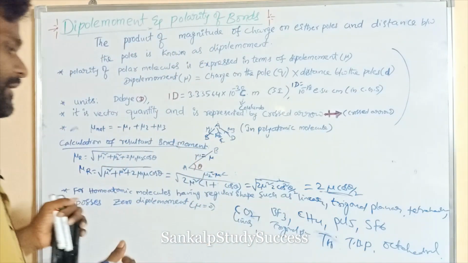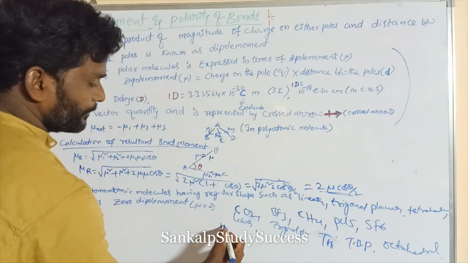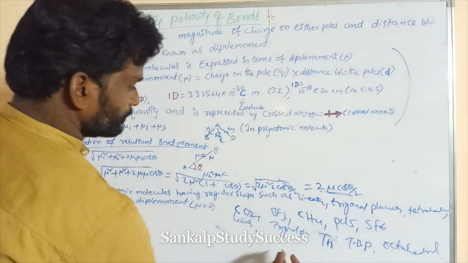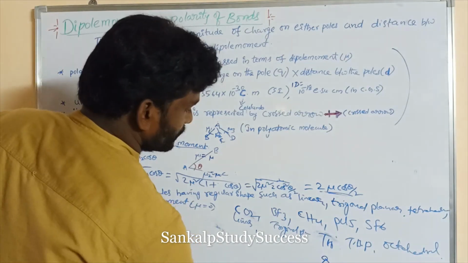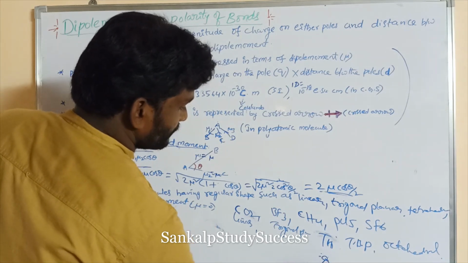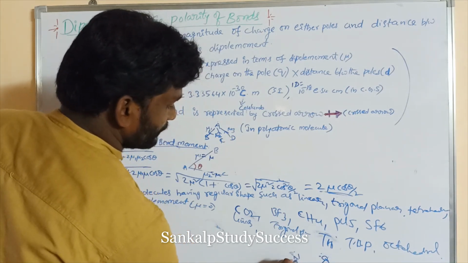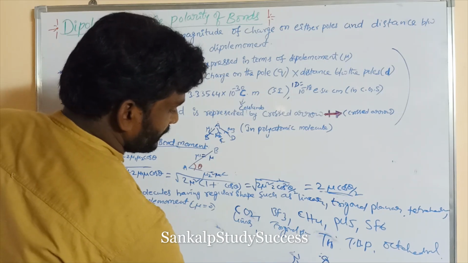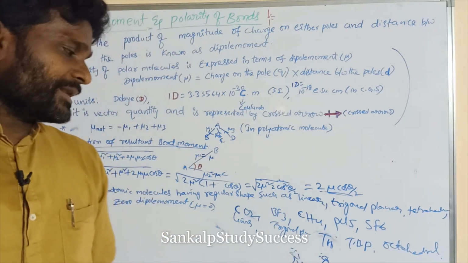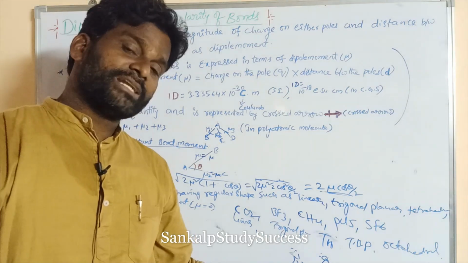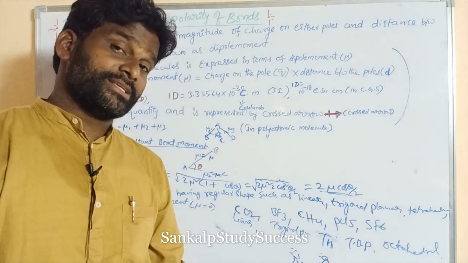For example, H2O, which has two lone pairs, and NH3, which has one lone pair. These two undergo sp3 hybridization.